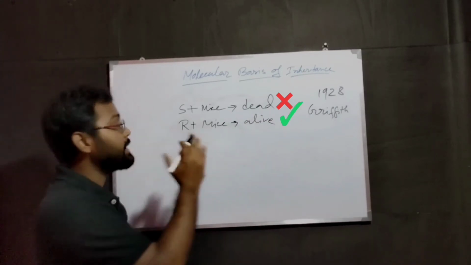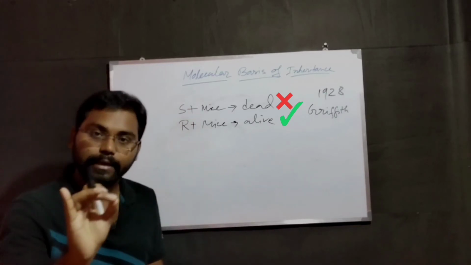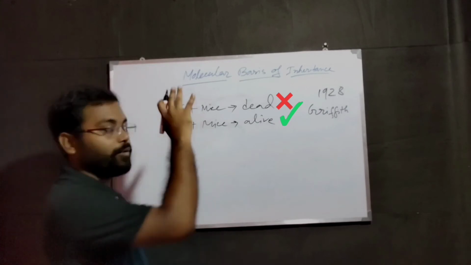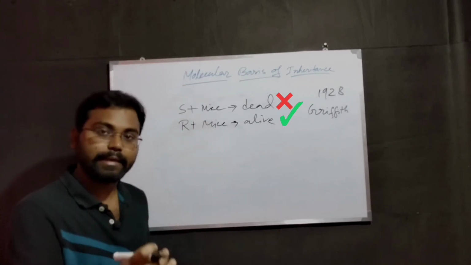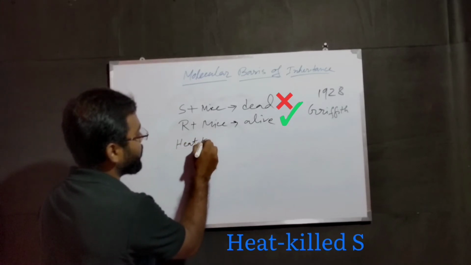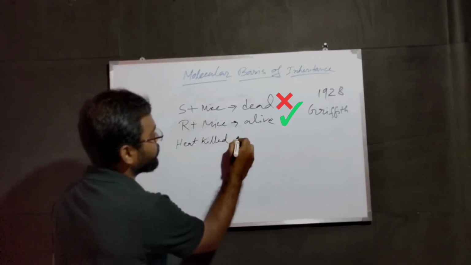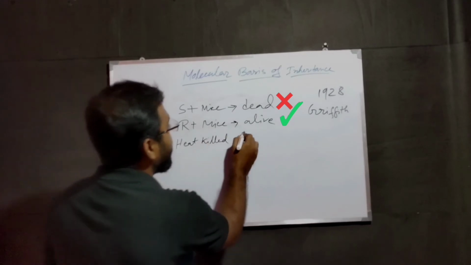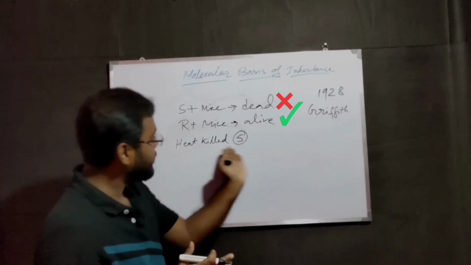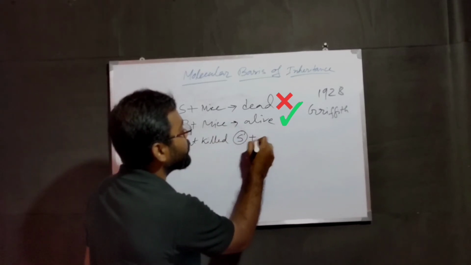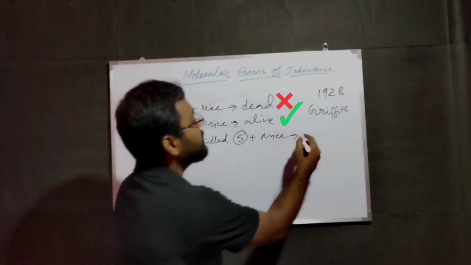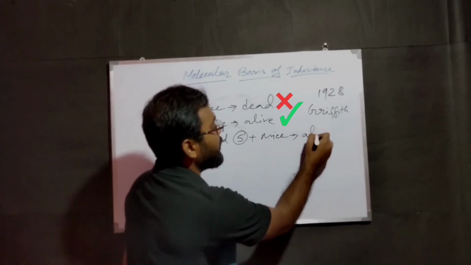And then he killed the S bacteria with heat. That's why it is called heat-killed S. And he injected the heat-killed S into the mice, and he found that the mice were alive.